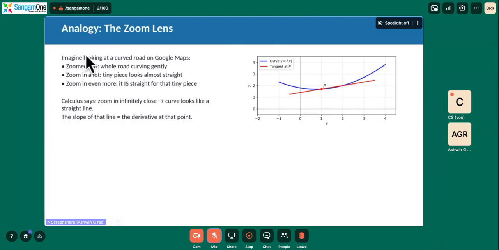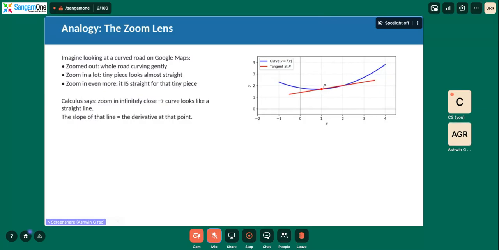When you zoom in a lot, that tiny piece of the map or direction looks almost straight. When you zoom in even more, it is straight for that tiny piece. Calculus says that when you zoom in infinitely close, the curve looks like a straight line. The slope of that line is equal to the derivative at that point.